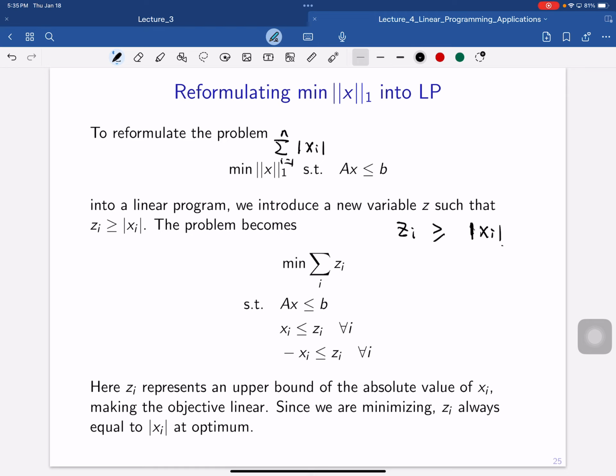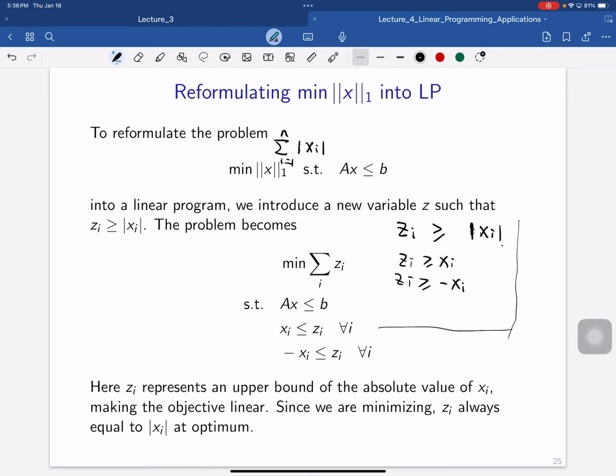How do we model that z_i has to be greater than or equal to the absolute value of x_i? So x_i can be either a positive or a negative number or 0, right? So the way to do that would be very simple. You only need two constraints. If you let z_i greater than or equal to x_i and z_i greater than or equal to minus x_i, then I can argue that z_i is always greater than or equal to the absolute value of x_i, right?